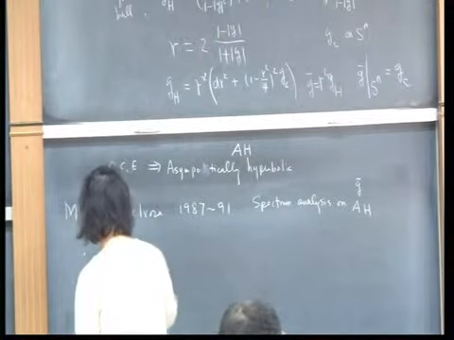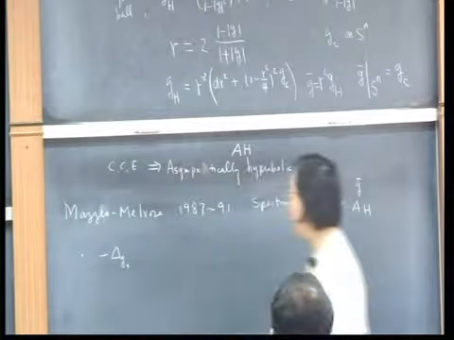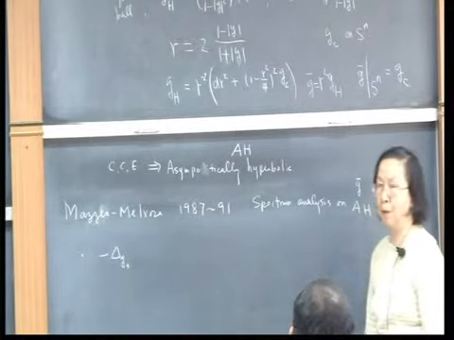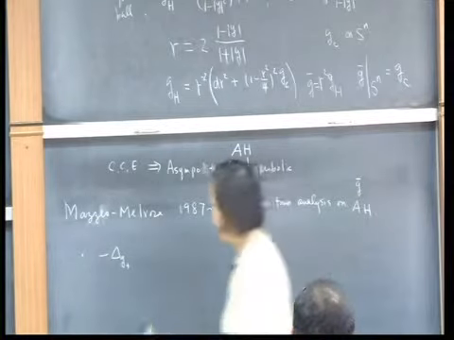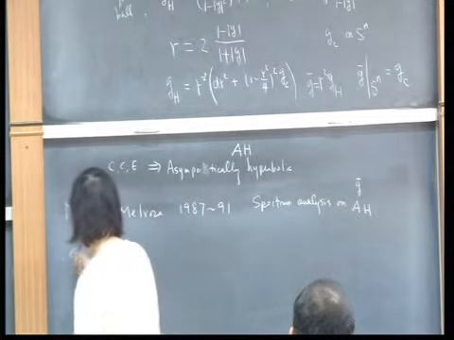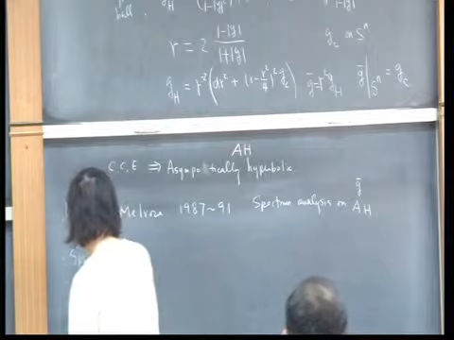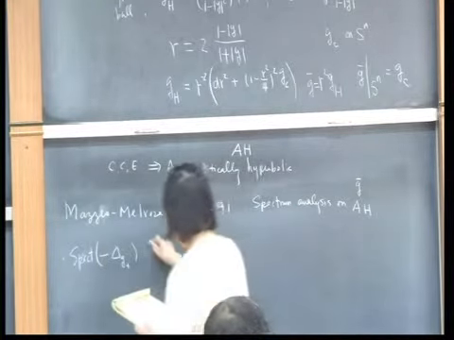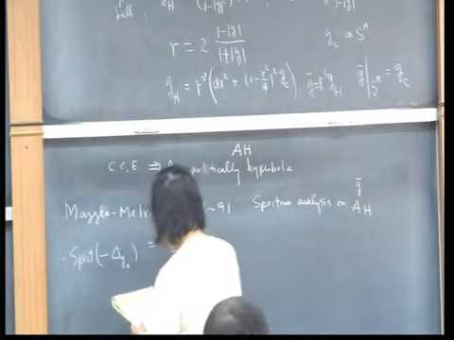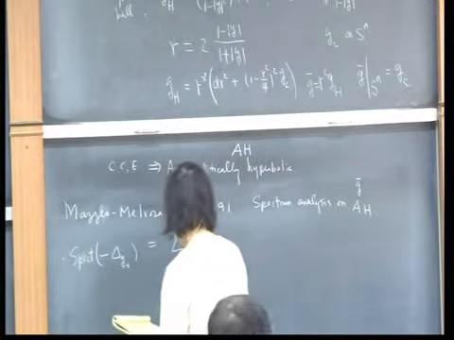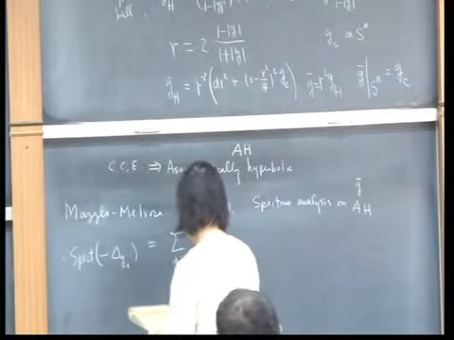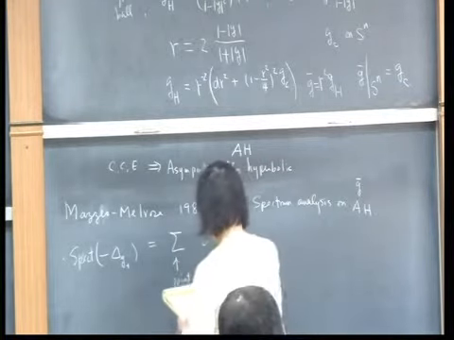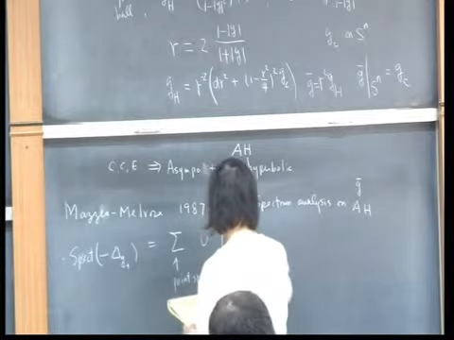They say if one studies the spectrum of the hyperbolic Laplacian on an asymptotically hyperbolic manifold, there are two parts. There is the point spectrum, and then the union with the essential spectrum.